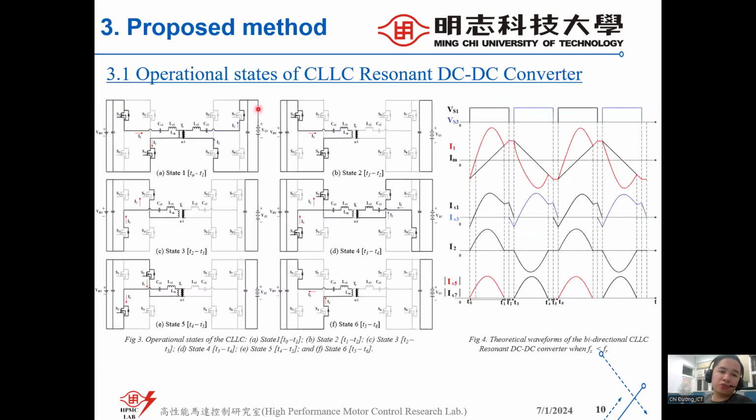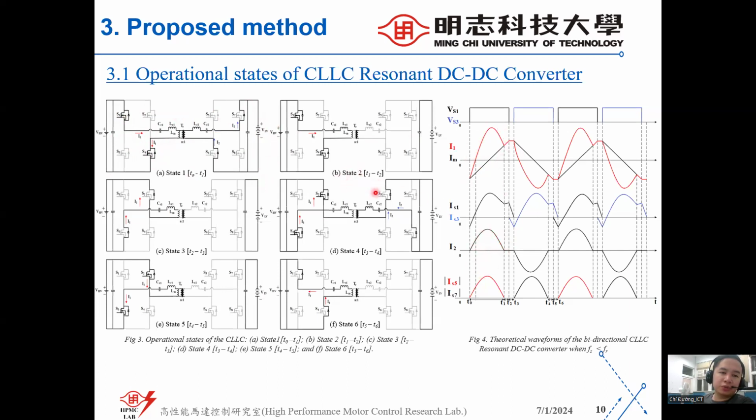We need to get an overview of the operating states of the CLLC resonant DC-DC converter first. In stage 1, from T0 to T1, at this state S1 and S4 turn on and power is transferred to the load in the secondary side. So the primary side current turns on and rises positive, and the secondary side current also turns on and goes positive.